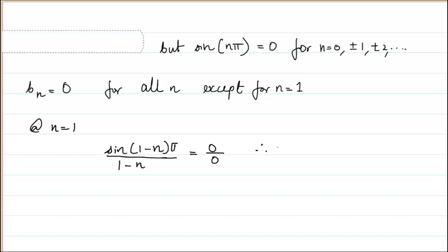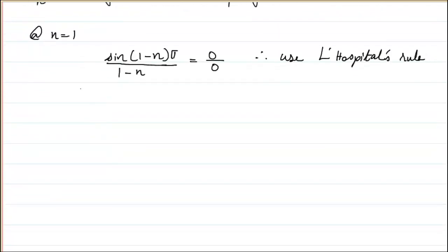Therefore we use L'Hospital's rule, and L'Hospital's rule says that if you are having such a case, then you have to differentiate both the numerator and the denominator.